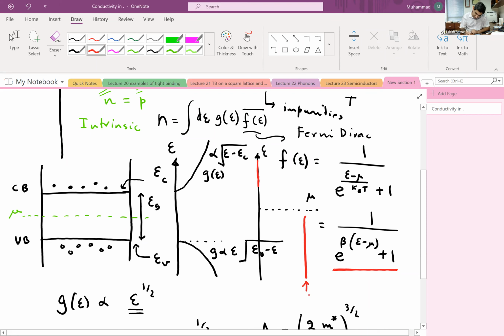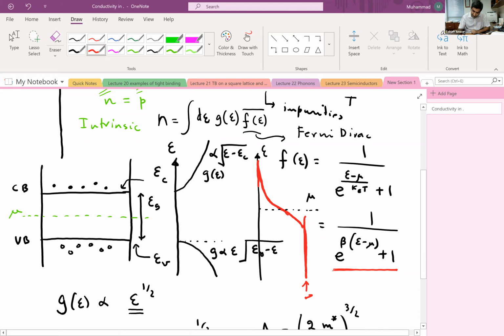This is 1 here. And then it just takes a turn like this, right? This is what the Fermi-Dirac function, the occupancy factor, looks like for electrons. Got it?